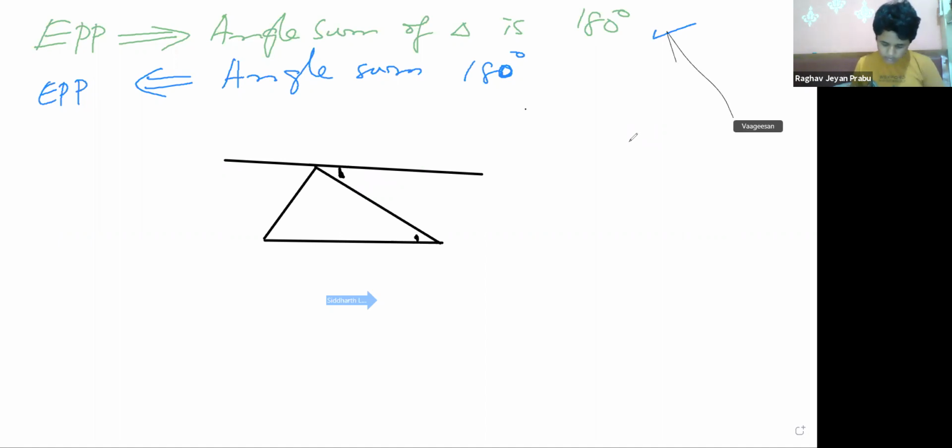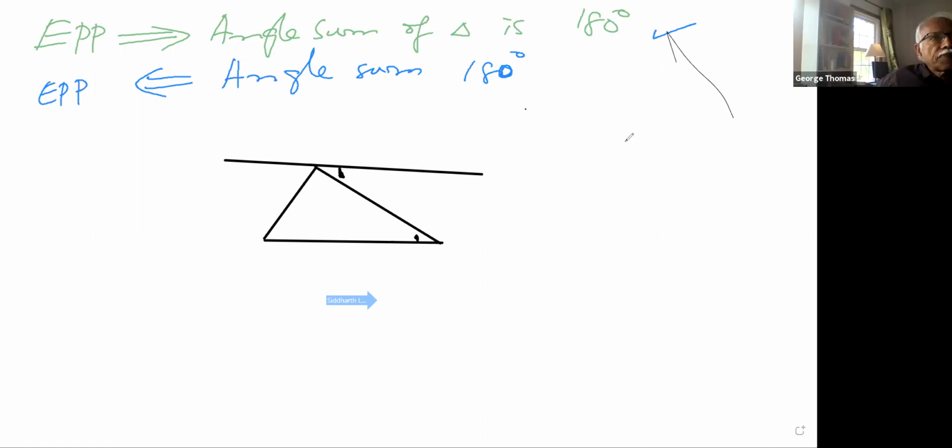So then angle 1 plus angle 3. Wait. We have a small problem. You said we can construct. Well, how do we construct it? We can say there exists a line.